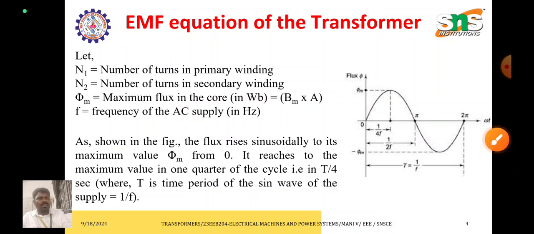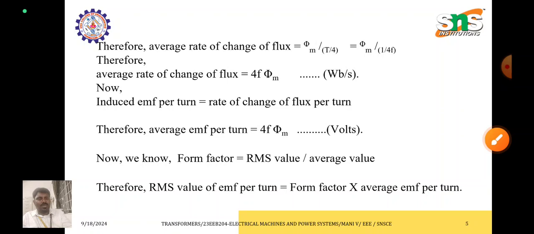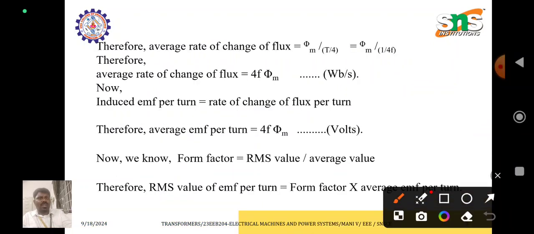Already we know that time and frequency are inversely proportional. Here, the average rate of change of flux: when the flux is maximum at the time of T by 4, T is 1 by F, inversely proportional to the frequency.